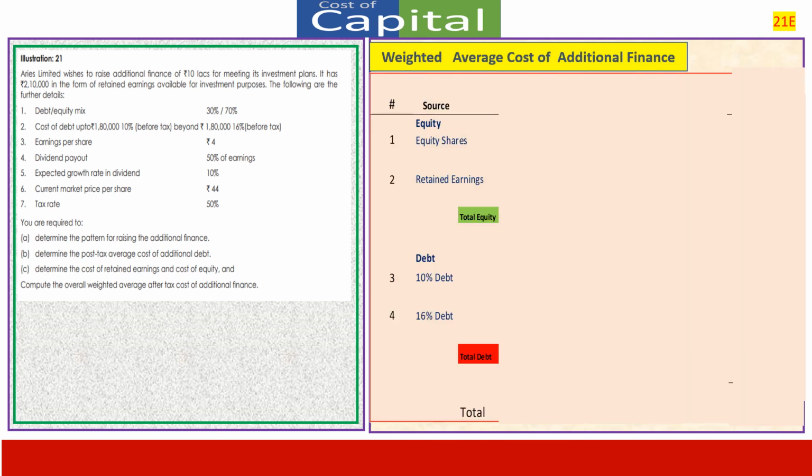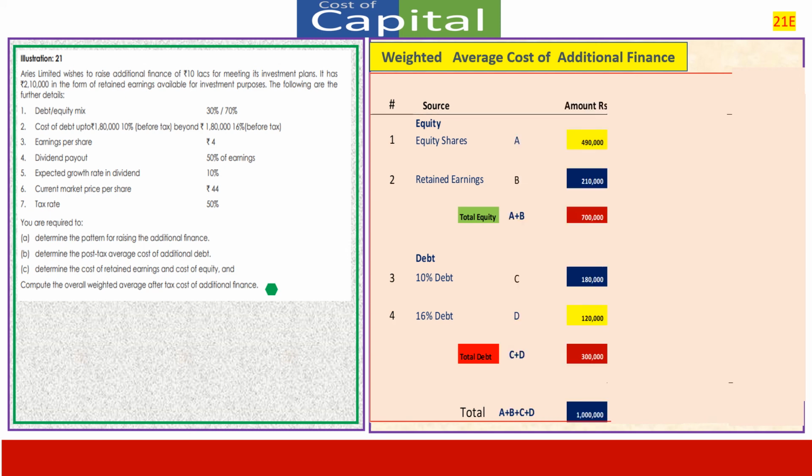We are experts in preparing it. We first post the value. Then we create the weight. A, B, C, D. Weight is 100%, 49% equity, 21% retained earnings. That means 70%. 18 and 12, 30% is debt.